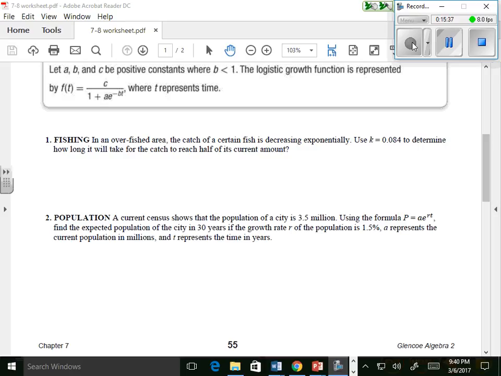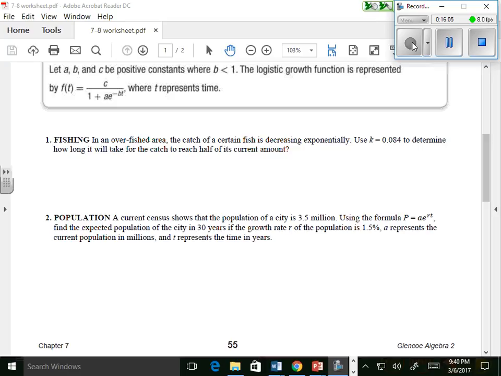As we go to the homework, looking at number 1, when it's the fishing problem in an overfished area, if the catch of a certain fish decreases exponentially, we use the decay formula. It says K is going to be 0.084, and we're going to figure out how long it will take for the catch to be half of what it currently is.